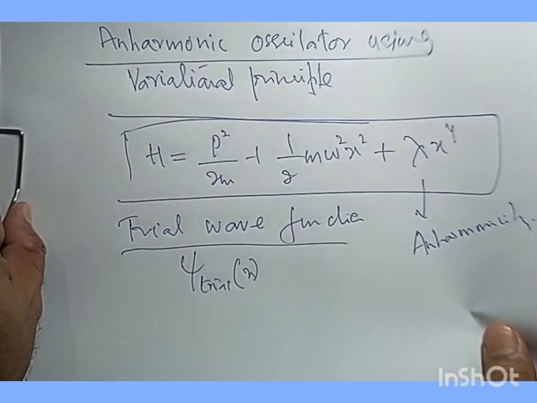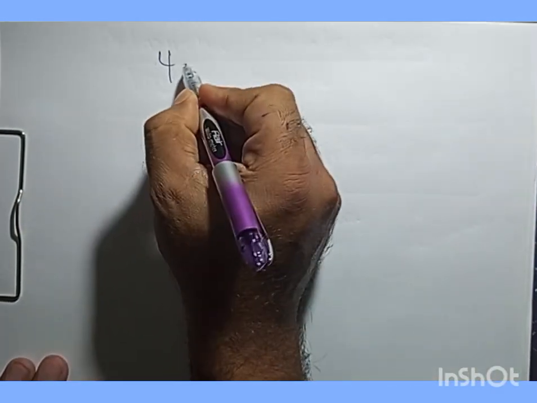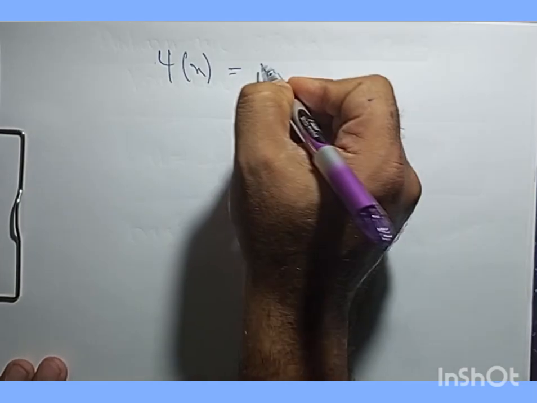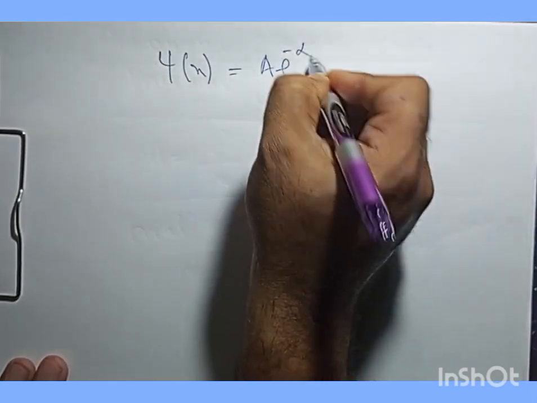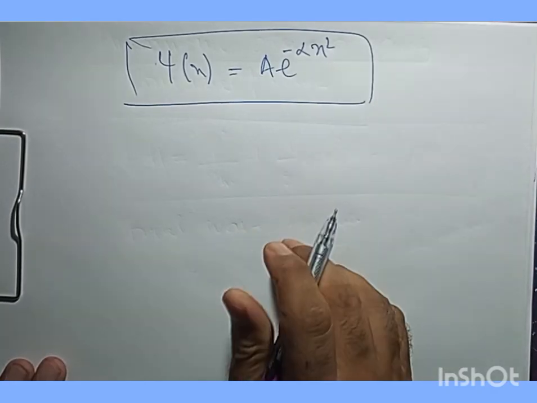So the trial function, psi of x, is A e to the power of minus alpha x squared, which we have been using in the last two cases as well.